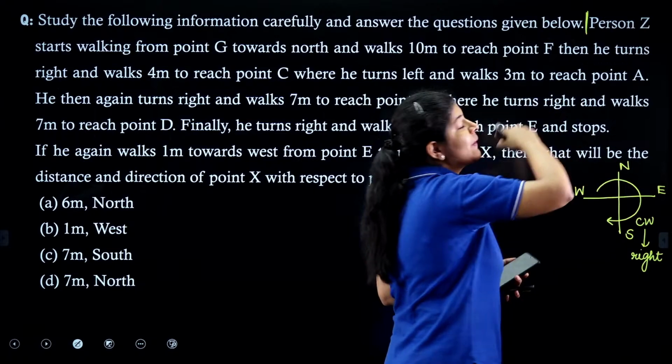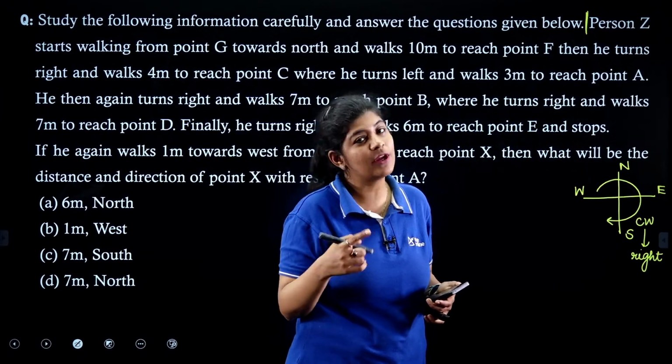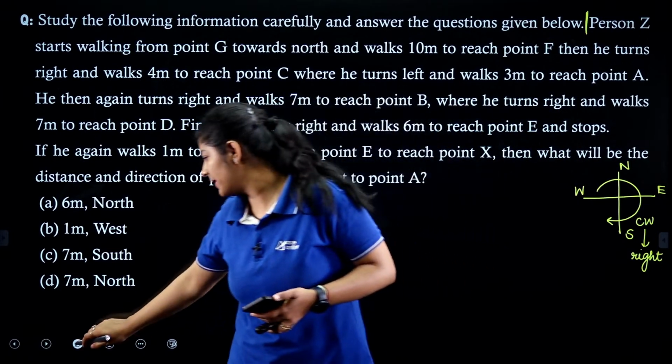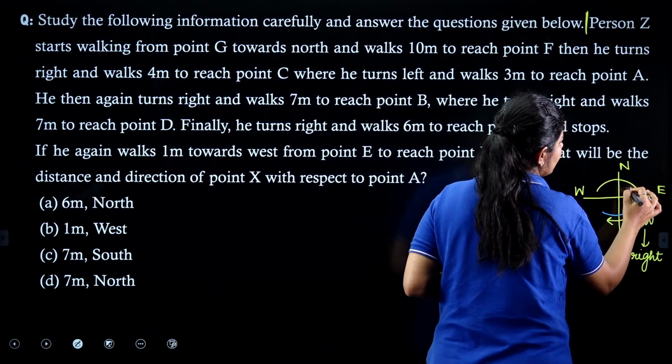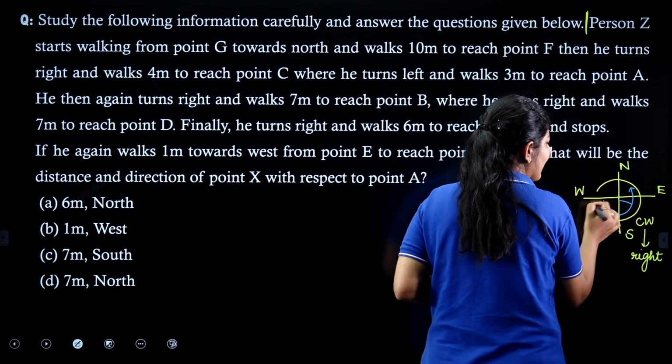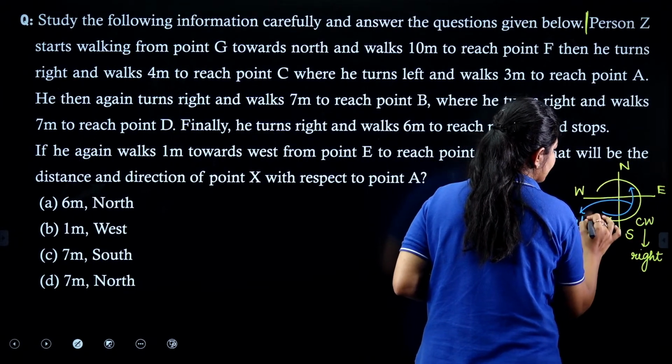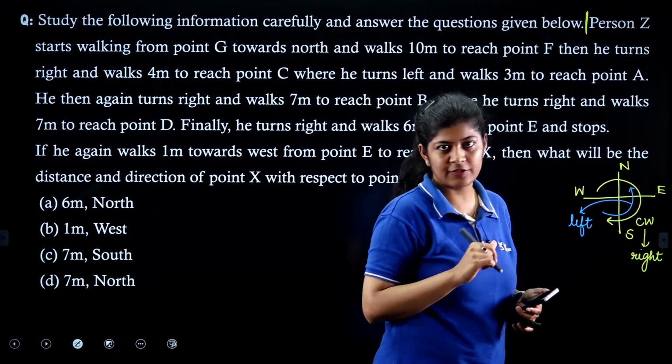Because in this question as well, I need to take the right and the left turn, so I need to take care of my movement. And if I am moving in the anti-clockwise direction, then I am taking the left turn.